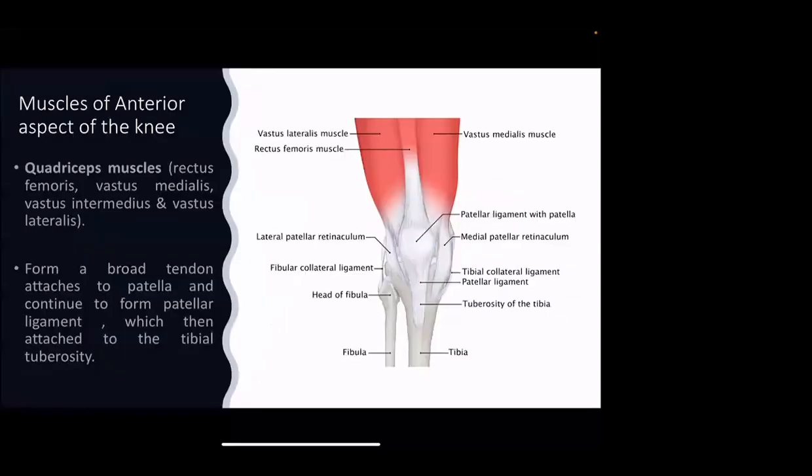Muscles of the anterior aspect of the knee. Quadriceps muscles, including rectus femoris, vastus medialis, vastus lateralis, and vastus intermedius deeply. These form a broad tendon attached to the patella and continue to form the patellar ligament, which then attaches to the tibial tuberosity.